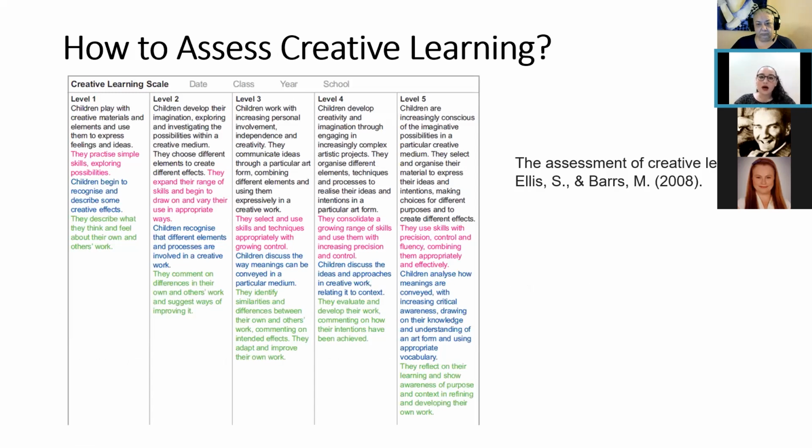Okay, so how can we assess creative learning? It's highly important to assess how well students have thought around the problem or around the process, so we shouldn't just focus on the final product. Here I shared a creative learning scale developed by Ellis and Bars.